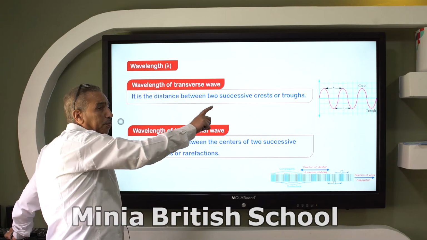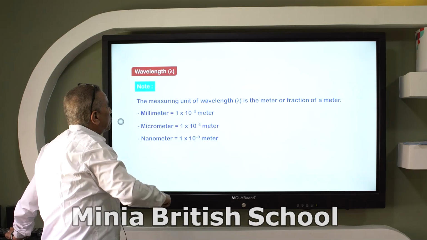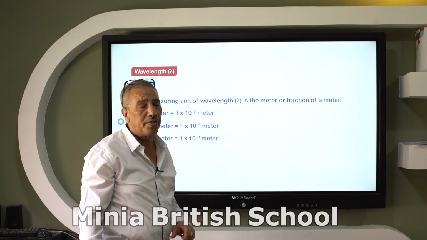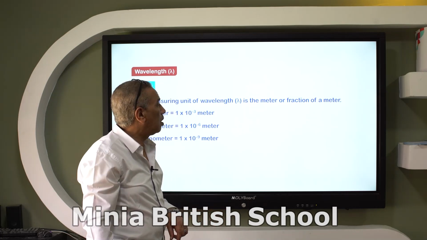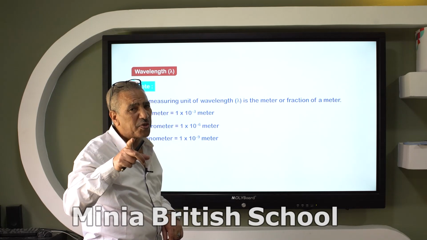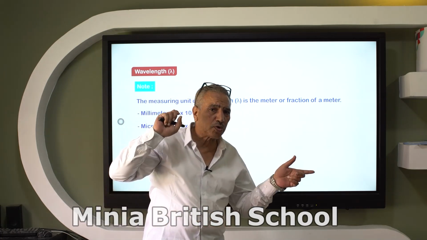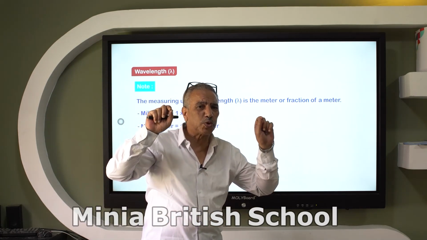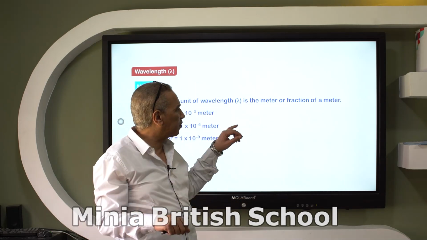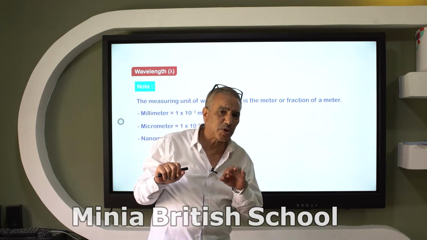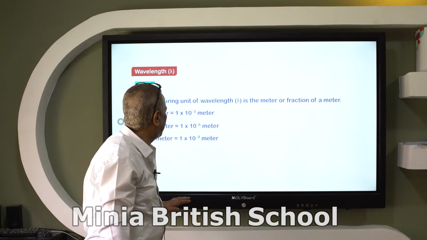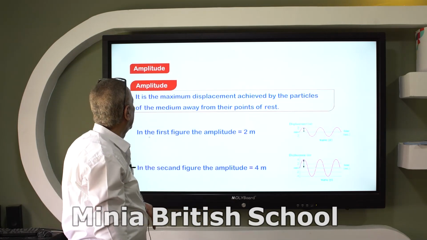It's a very important point in the case of waves: for both transverse and longitudinal waves, you have to learn to calculate the wavelength. In the case of the transverse wave, it is the distance between two successive crests or two successive troughs. But in the case of the longitudinal waves, it is the distance between two successive compressions or two successive rarefactions.